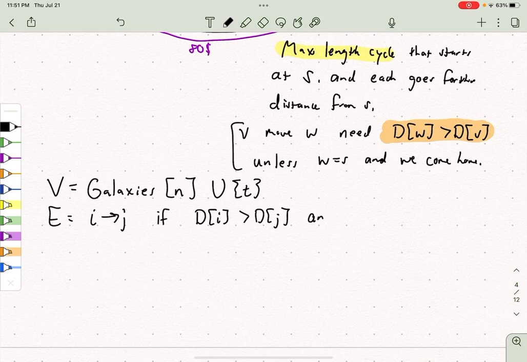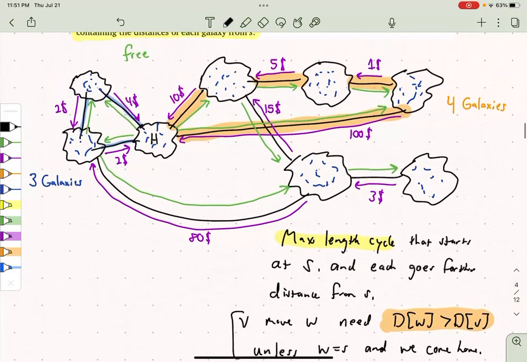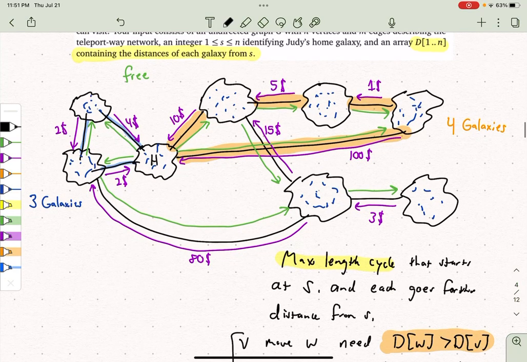So in particular, we also need, there's a teleport way between i and j. So notice in the original, the graph is undirected, technically.